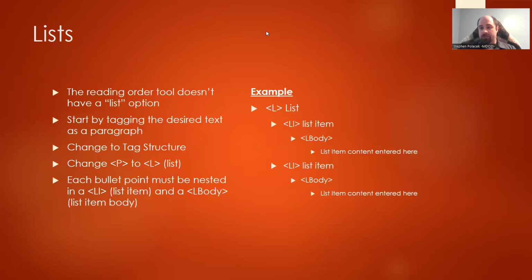Is there UL or OL options? Oh, that is a good question. So for anyone not familiar with HTML, UL and OL are the two kinds of lists in HTML, unordered and ordered list. There isn't an option in Adobe for that. It's simply list. So the type or the ordering of the list is up to you and how you present it visually and how you tag it.